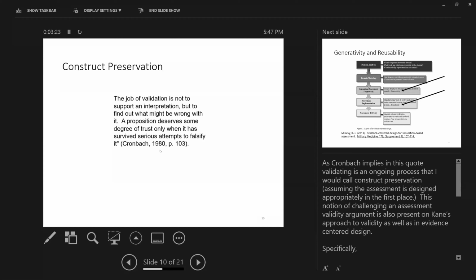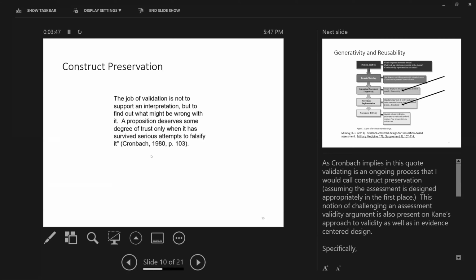How does AIG relate to construct preservation? Well, a common problem in test development is that there are not enough items of a certain difficulty, and so you tend to use those items that you have too much, and therefore you overexpose them, creating security problems.